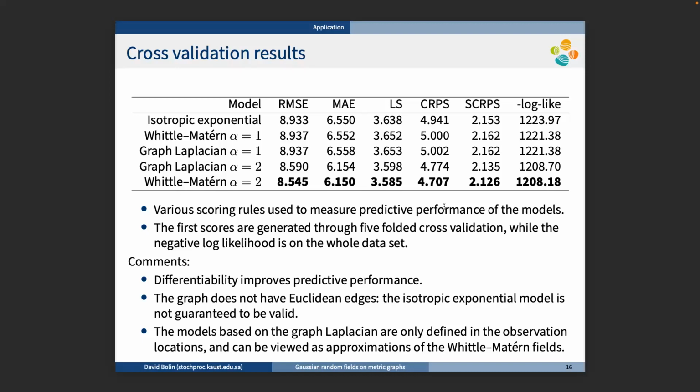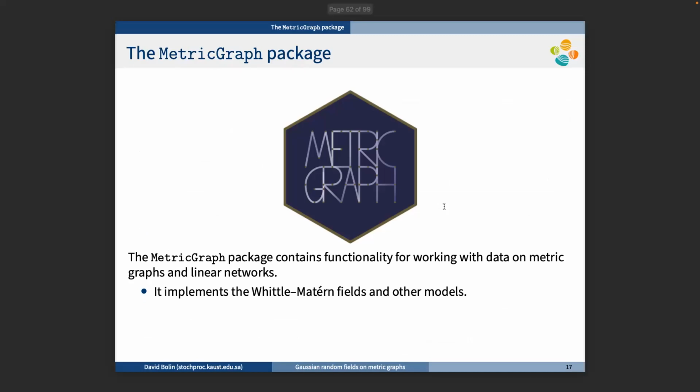This example was in fact done using an R package that we recently released that contains a lot of functionality for dealing with data on networks and graphs of this type, and it also implements all of these models that you saw in the table.